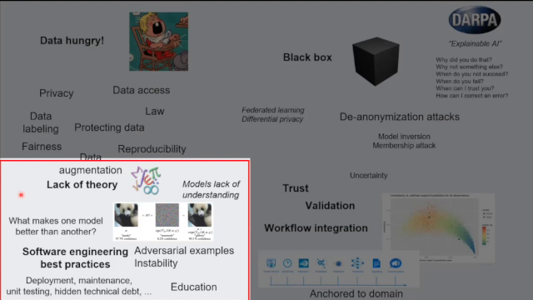So there is absolutely a lack of theory in the part of machine learning related to deep learning. Then you cannot fully answer the question of what makes one model better than another, because you don't have the theory to answer those kinds of questions.